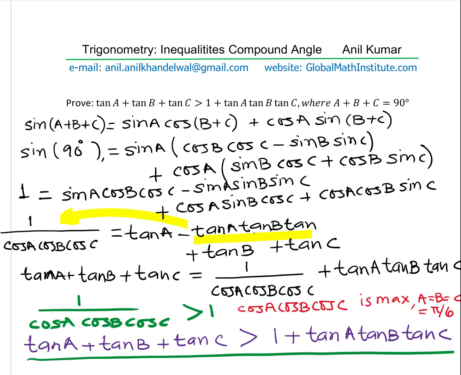So that you can try it out, but I hope you got the concept, and that is that this term here is greater than 1, and therefore tan A plus tan B plus tan C should be greater than 1 plus tan A tan B tan C. Perfect. So that is how we are going to prove it.